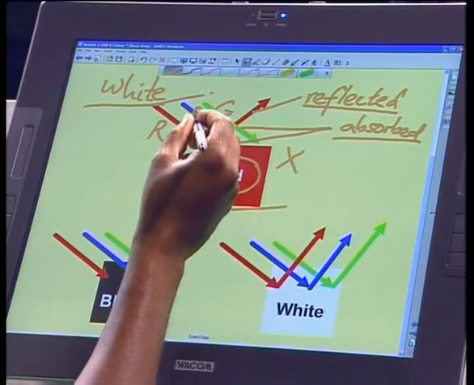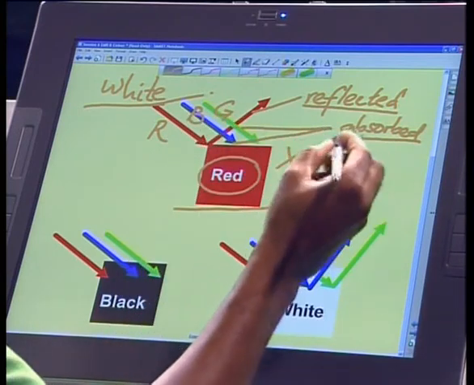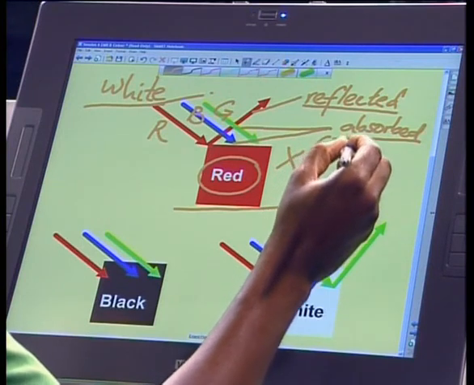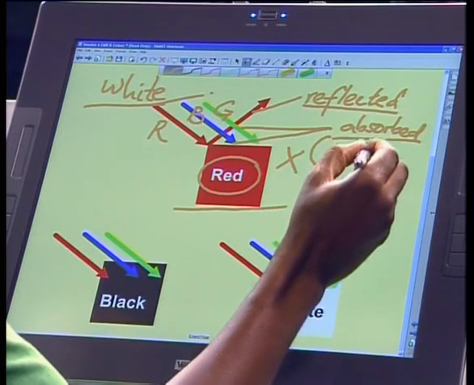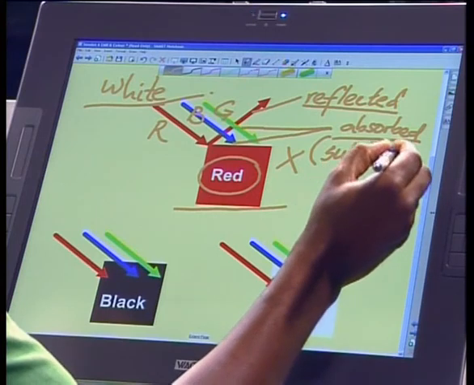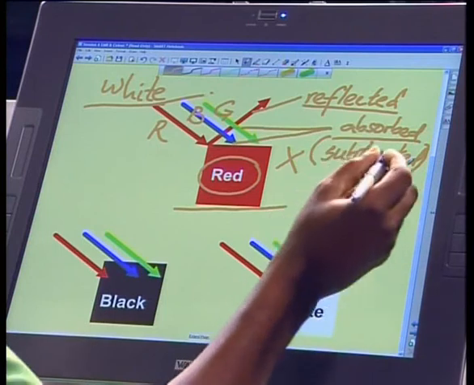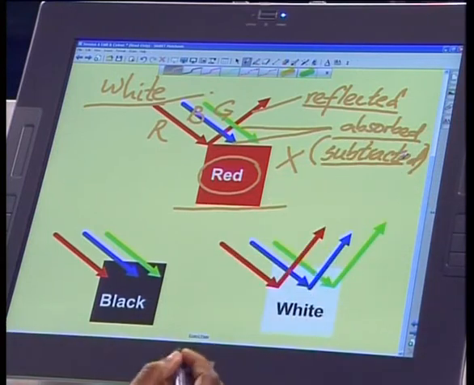These two, the blue and the green that are absorbed, we can actually say, in terms of how we've written it down here, and it's of course scientifically accepted, we can say that those colors have been subtracted.